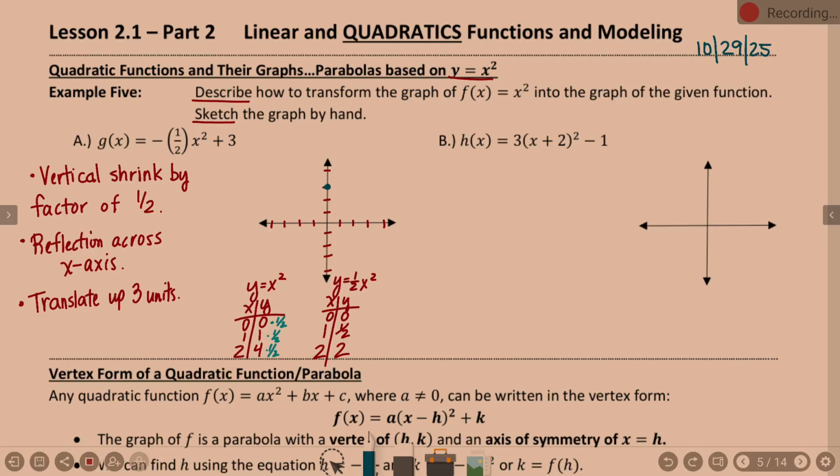Normally, we would go over 1, down 1, over 2, down 4. Because of the compression, I'm going to go over 1, down a half, and over 2, down 2.